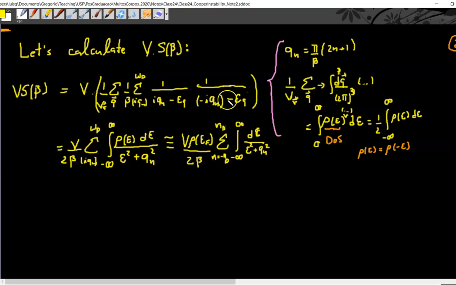This is the complex conjugate of this, right? Remember, we have Green's functions with opposite momentum and opposite Matsubara frequencies. So this would be epsilon_q squared plus q_n squared, and epsilon_q goes to epsilon, the energy, when I'm replacing this integral in momentum with an integral in energy. So I just need to evaluate this.